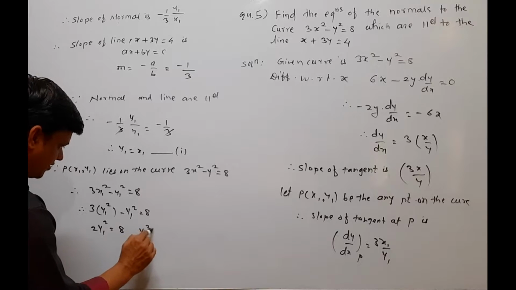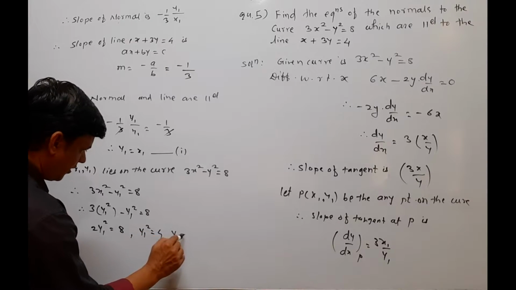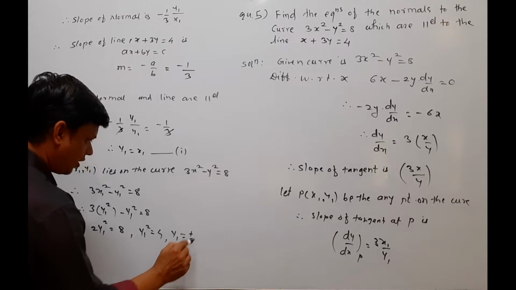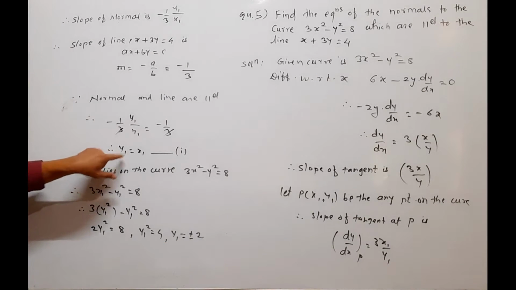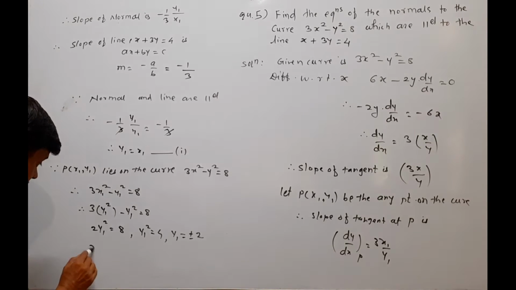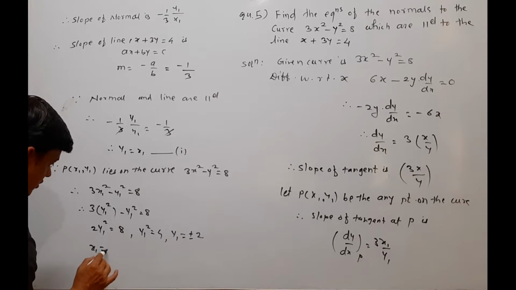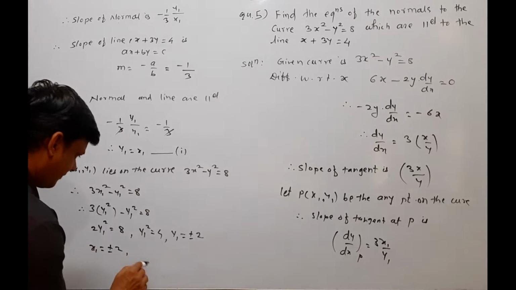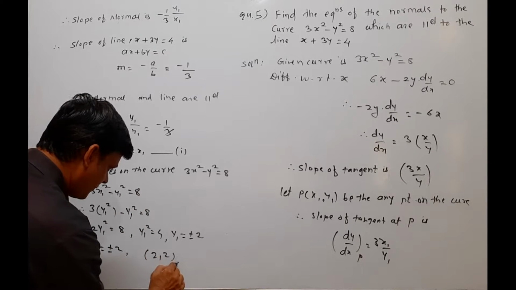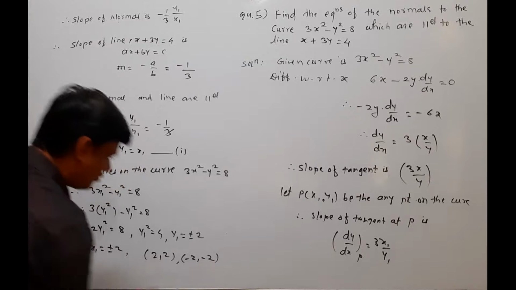So here y1 square equals to 4. That means y1 is equals to plus or minus 2. Now we write from this equation 1, x1 is equals to plus or minus 2. So the points are 2, 2 and minus 2, minus 2.